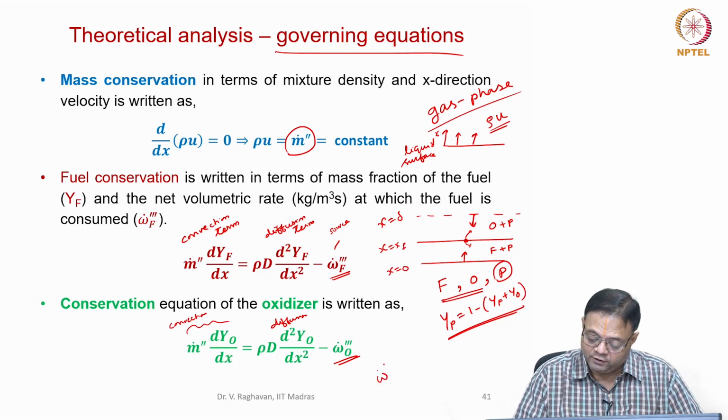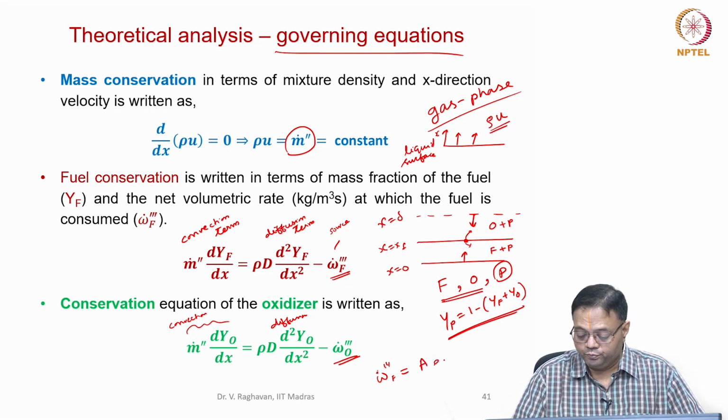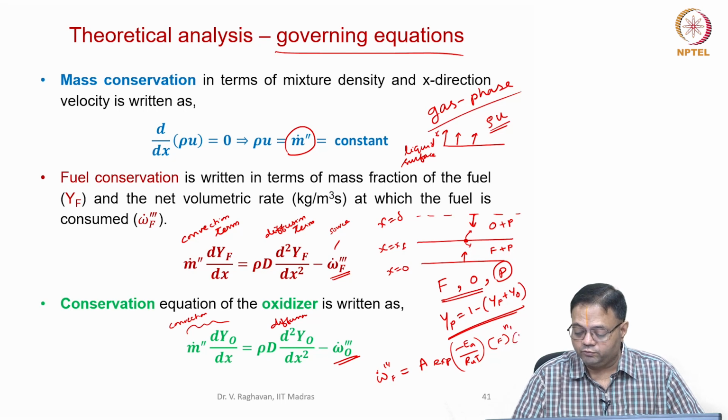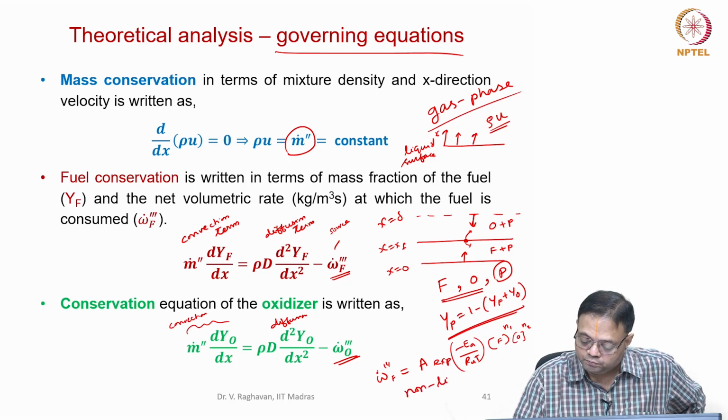But when you write this rate, for example, it is A exponent of minus EA by RU T into concentration of fuel power n1, concentration of oxygen power n2, something like this. So you can see this is a non-linear term.